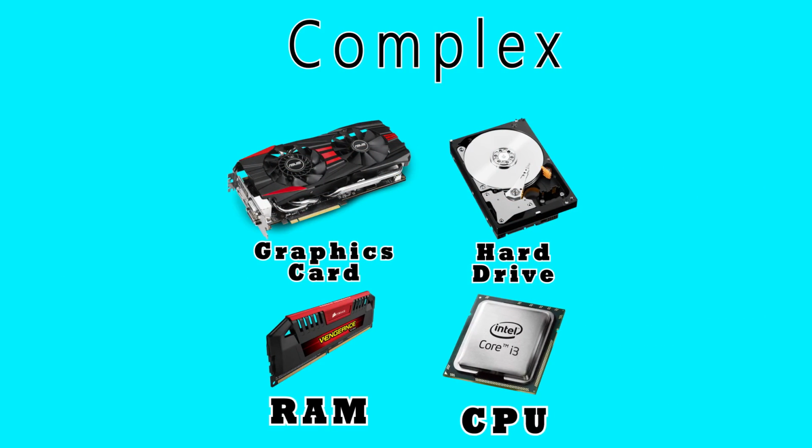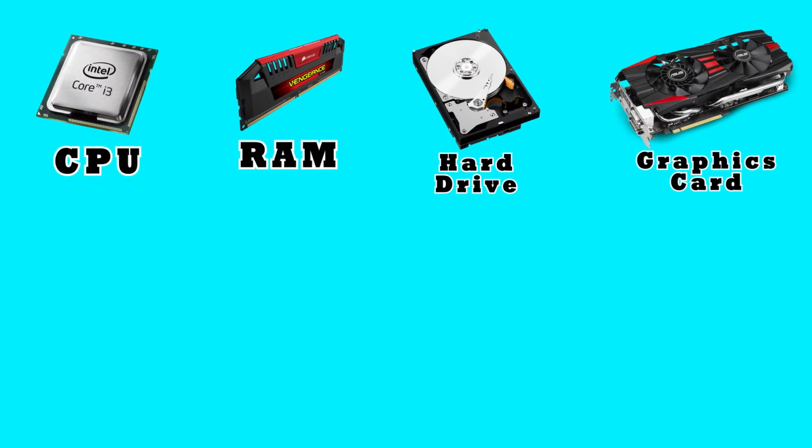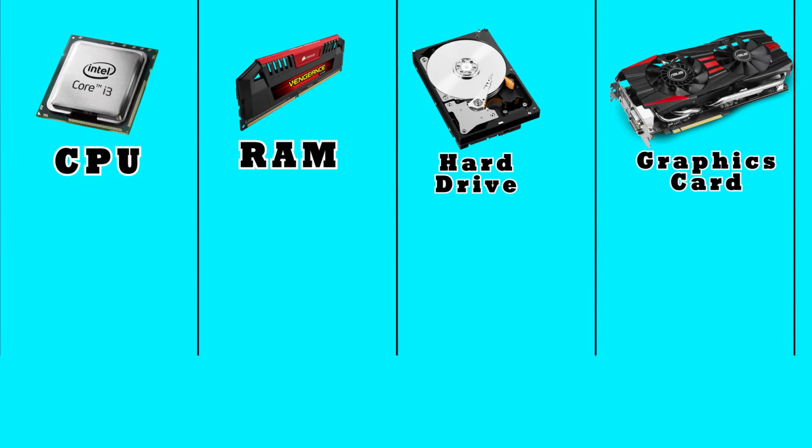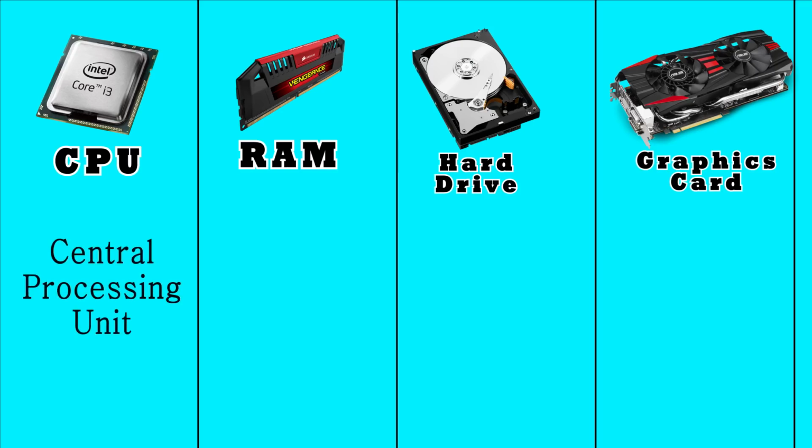Now let's move on to the more complex parts, the ones that deal with data. The 4 main components to keep in mind here are CPU, RAM, hard drive, and graphics card. Now first things first, I'm going to establish some terminology. Keep in mind that CPU is also known as the Central Processing Unit, or processor. These terms all refer to the same thing. They are completely interchangeable.